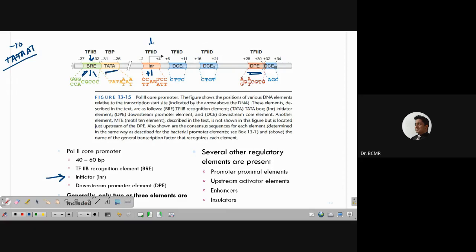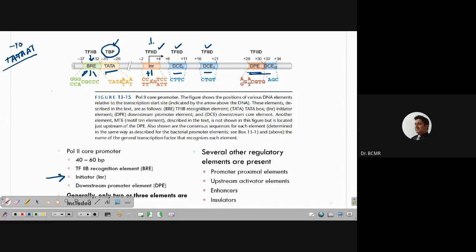TATA box is something like -10, so you'll remember it. Here it is TBP, TATA box binding protein. Okay. So this is TFIID. TFIID recognizes several regions, that is the initiator, DCE1, DCE2, and also these DPE and so on. So with different affinities or different parts, TFIID can be recognizing different regions.